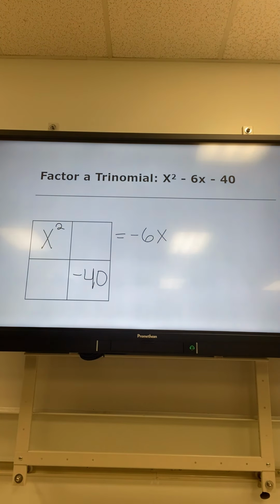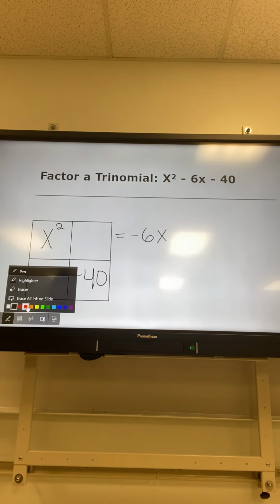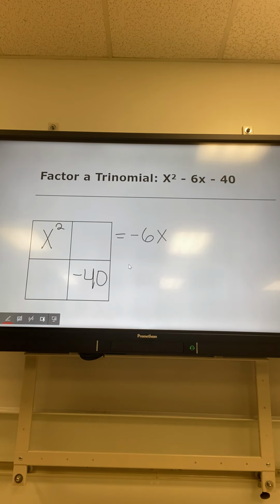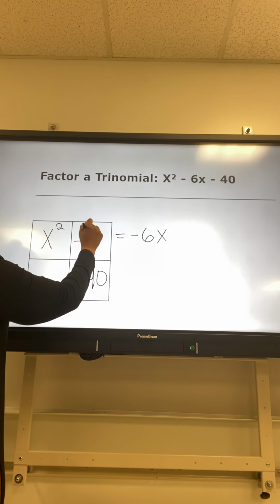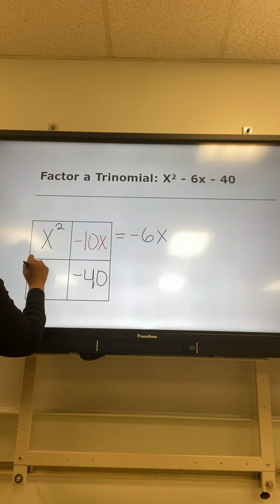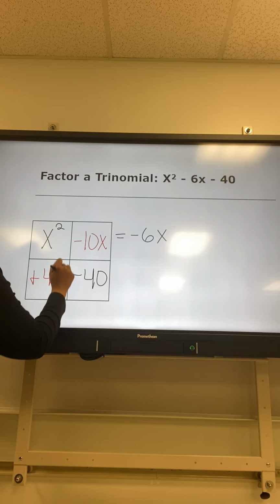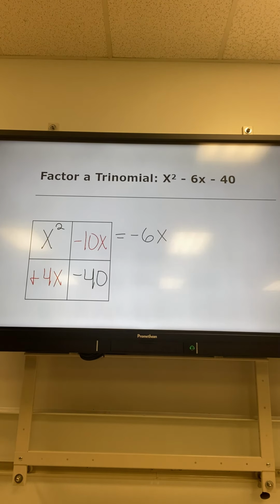And if you listed your factors and your sums, then you should find that the factors that are going to work are going to be a negative 10x and a positive 4x. Right, so negative 10 times 4 will give us negative 40. And then if we add them, we get negative 6, okay?